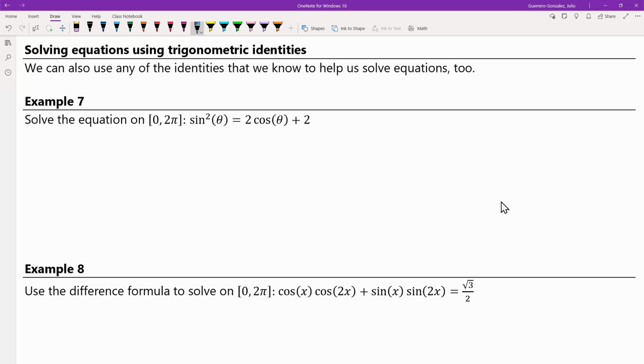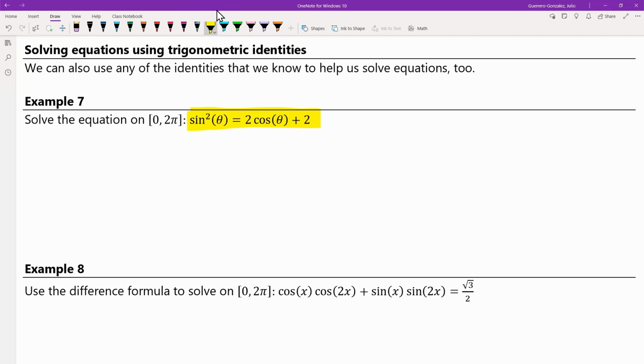These are a handful that illustrate that pretty well. So for example, let's try to solve this one. It looks like we have a mix of sines and cosines in this equation, and it doesn't seem like there's going to be a way for us to figure this out at all.